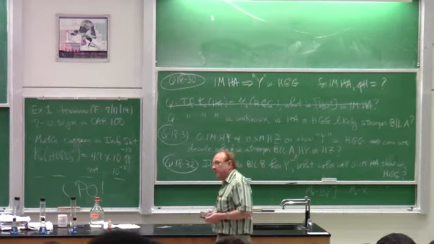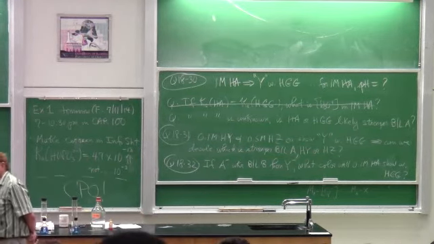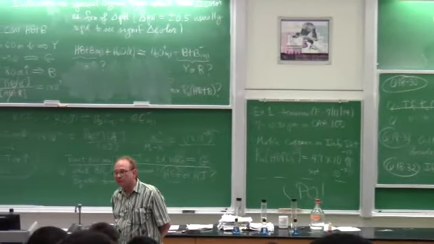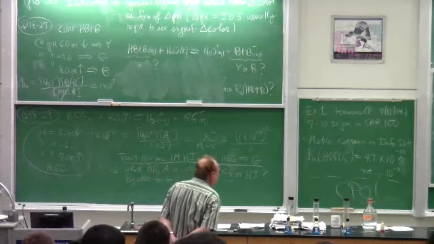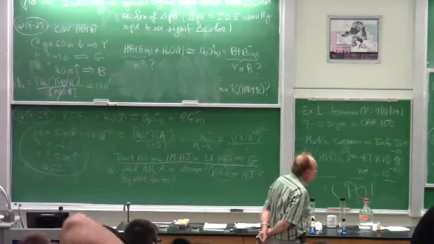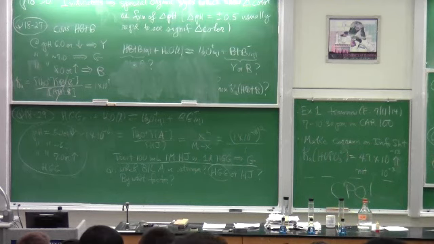Only one data point out of a bazillion. Bazillion is one way to express infinity. Well, is it likely then that HA is stronger than HGG, or is it more likely that HGG is stronger than HA? Can I make a decision? The answer is you damn right you can make a decision.